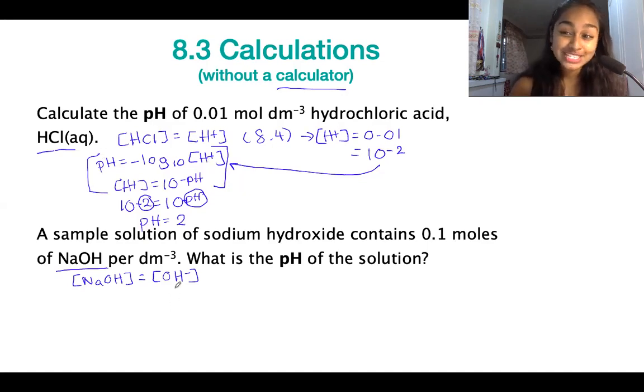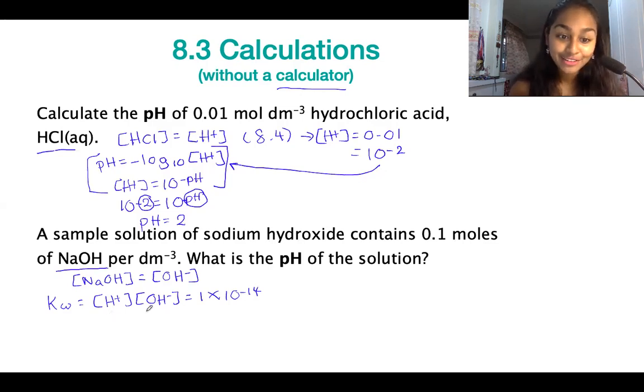We've got to use a slightly different technique, and what I would recommend in these scenarios is Kw. Remember, Kw is H plus multiplied by OH minus, which gives us 1 times 10 to the minus 14.